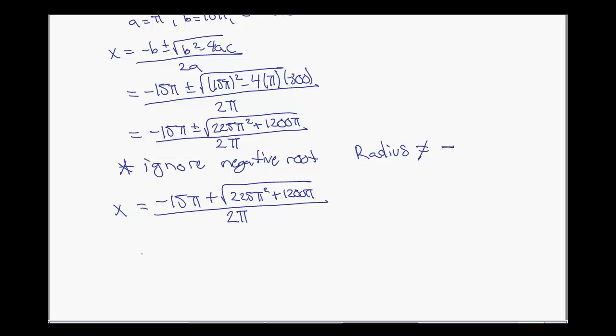Plugging into a calculator, we find that our radius r equals 4.8183, etc. So our radius is approximately 4.82 centimeters for this cone, which is our final solution.